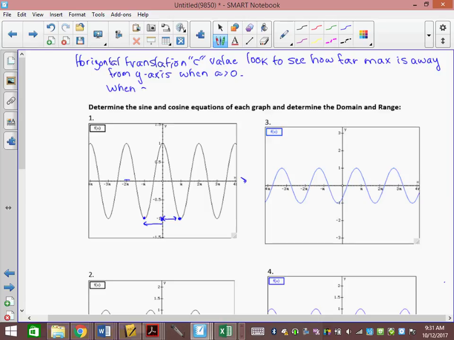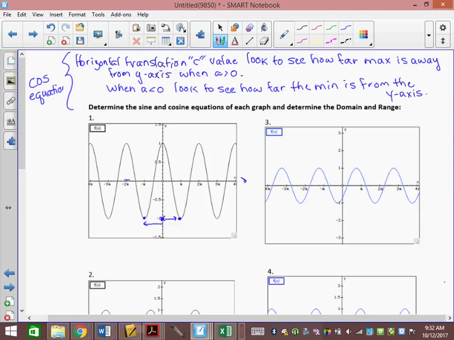When a is less than 0, you look to see how far the min is from the y-axis. So this is for cos. Make sense?